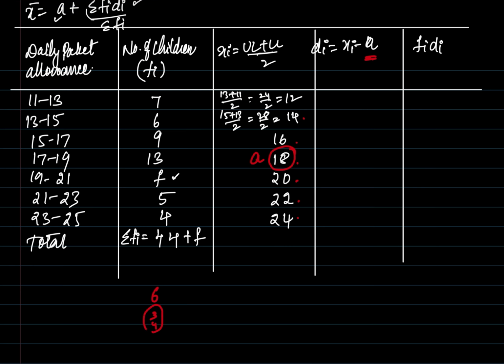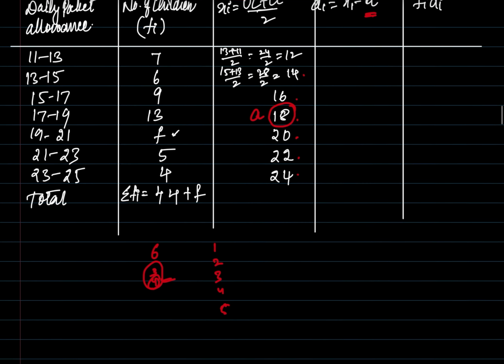So instead of taking two numbers, we can take the fourth term from the starting or the third term from the ending. Like suppose 1, 2, 3, 4, 5, 6. So 6 terms. So you can take this 4 as your A, from the top the fourth one, or from below the third one. Like this you can take your A value. Okay, so I hope you got your concept right.